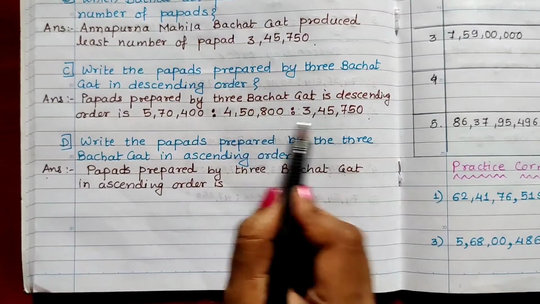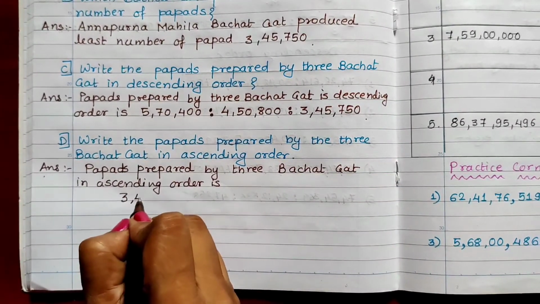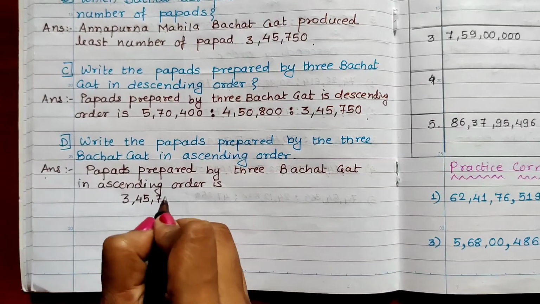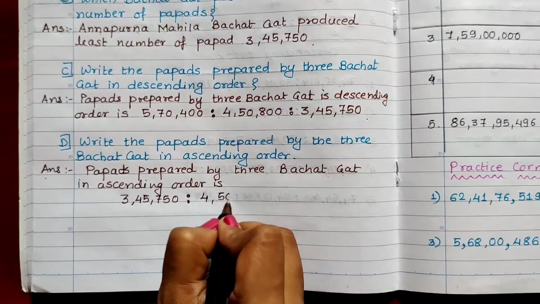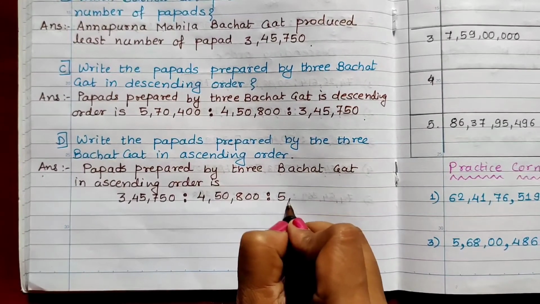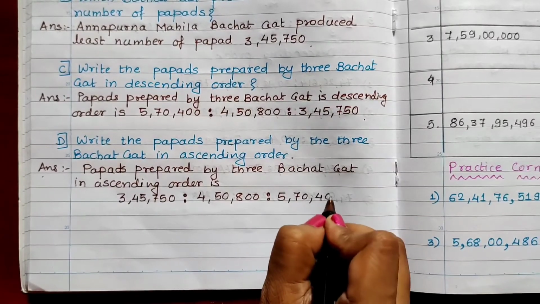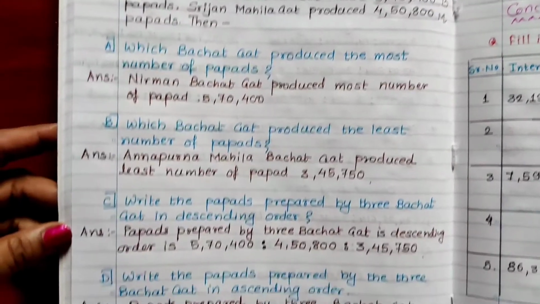We write opposite of this. We first write 3,45,750, then 4,50,800, and the biggest one is 5,70,400. In this way you can complete writing answers of these questions.